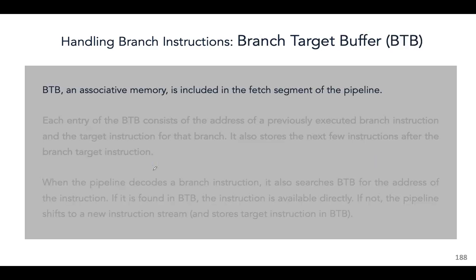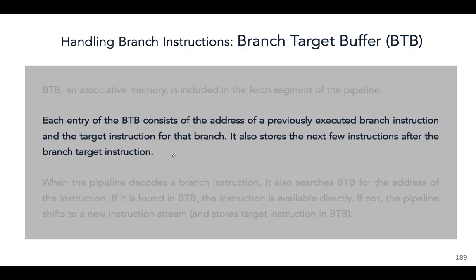All right. The second method of handling branch instructions is branch target buffers, BTBs. BTB is an associative memory, which I think you've already covered, or maybe it will come later. It is included in the fetch segment of the pipeline. Each entry of the BTB consists of the address of a previously executed branch instruction and the target instruction for that branch.